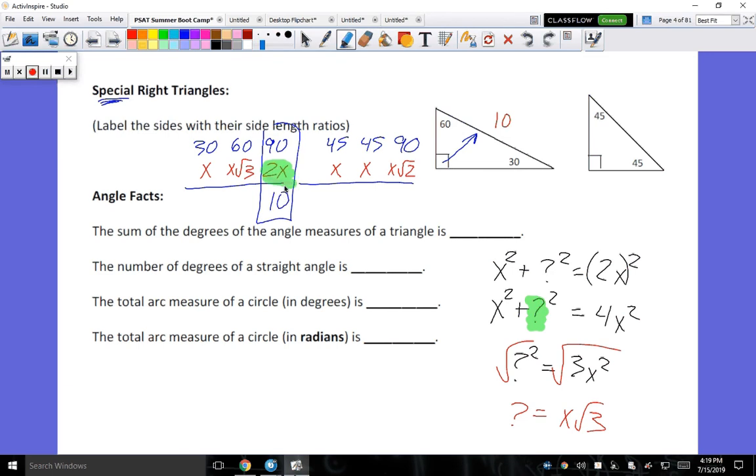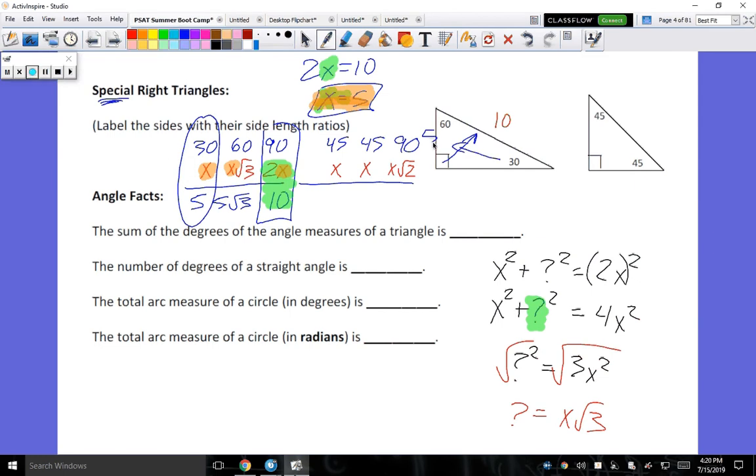And I'm going to set these two equal to each other, and solve for x. What's x? 5. So that means everywhere you see an x, here, here, and here, is now going to be a 5. So this will be 5, this will be 5 root 3, and of course that becomes 10. So across from 30 will be 5. Across from 60 will be 5 root 3. Quickly, just like that. Okay?